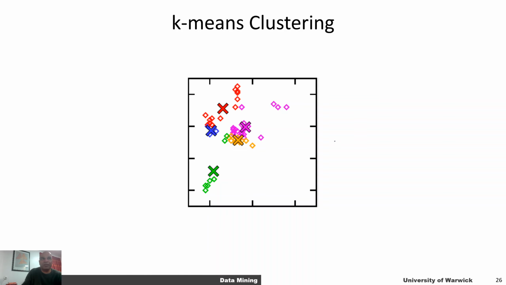Then I reevaluate which examples are the closest to which cluster center. Now I see that this particular example is red, but it's closest to this blue point. So I do a reassignment and redo the center assignment step based on the mean value.